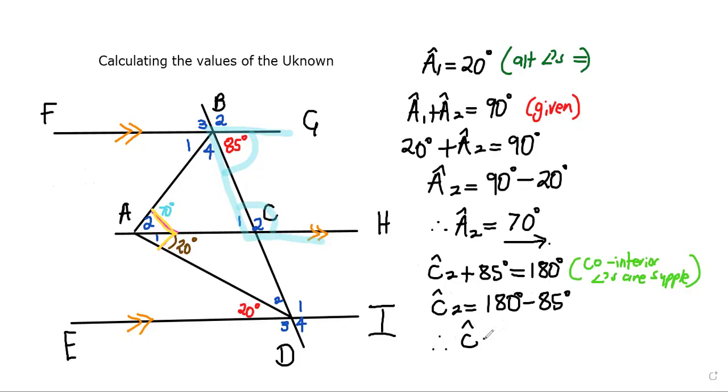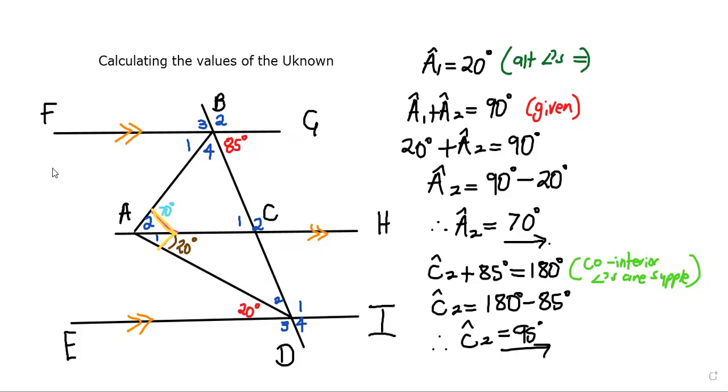Therefore, the size of angle C2 is 180 degrees minus 85. We get 95 degrees. So the size of angle C2 is going to be 95 degrees.